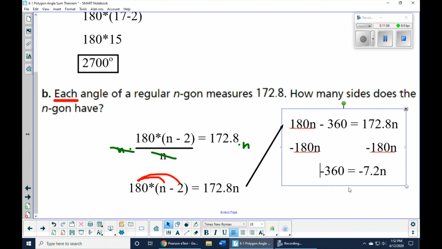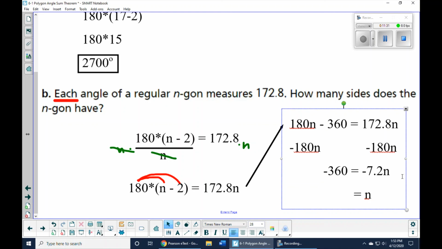Let's move that over so it looks nice. Oh, too much. Sorry. Okay, so that's what we get. Now, the last thing we have to do is divide. Negative 360 divided by negative 7.2.